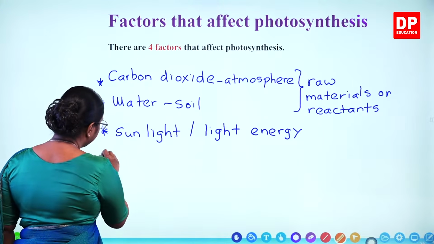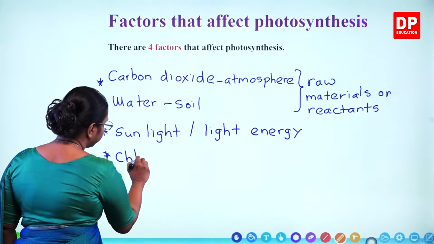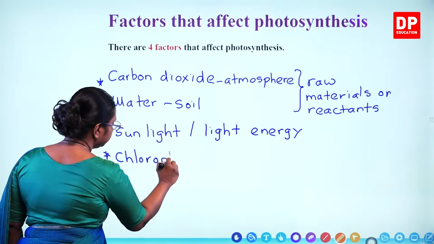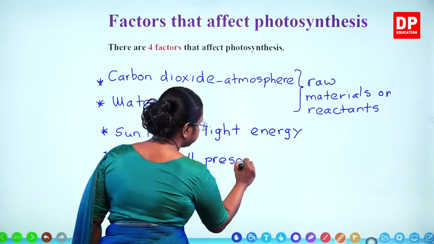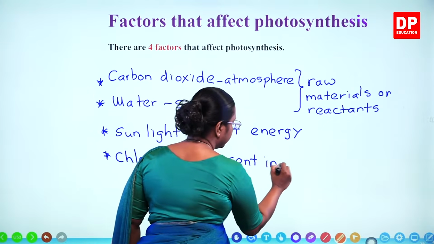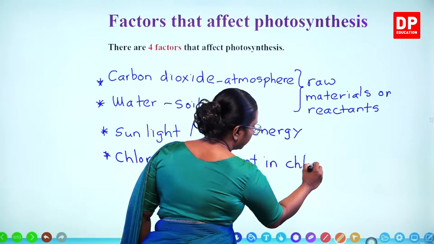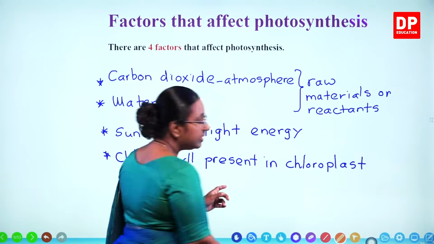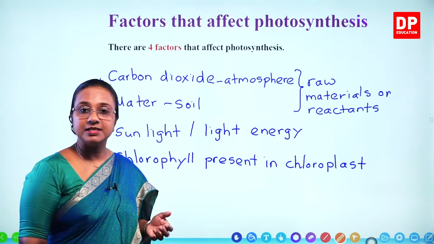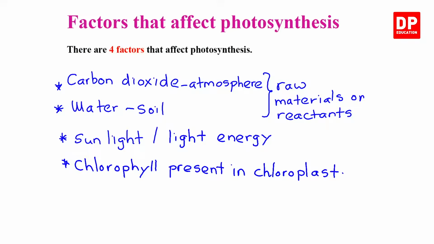Then we have the fourth factor, chlorophyll, present in chloroplast. This is a factor that is present internally.